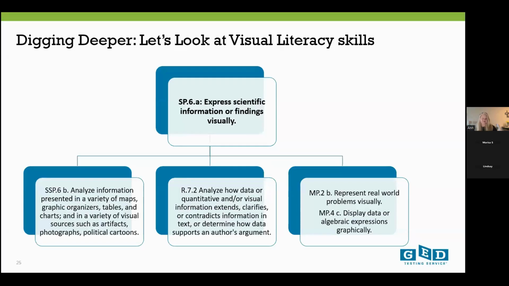Look at the left-hand corner here, social studies: analyze information presented in a variety of maps, graphic organizers, tables, charts, and a variety of visual sources such as artifacts, photographs, and political cartoons. The same is true for RLA. They're going to have to look at visual information and clarify contradictory information, and in math, represent real-world problems visually. So the skill sets are all very similar.